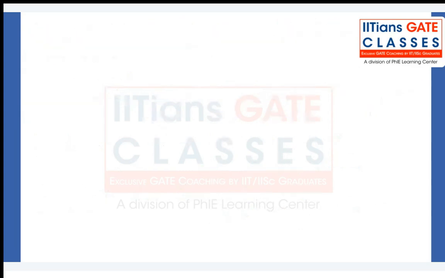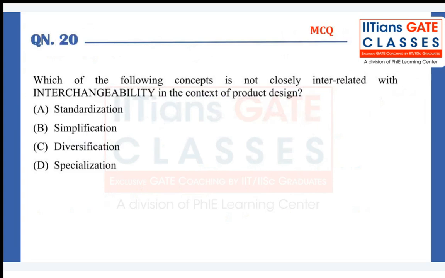Now the next question is: which of the following concepts is not closely interrelated with interchangeability in product design? What is interchangeability? Actually, we are producing components in lot sizes, two mating parts. So one mating part and another mating part we will produce.